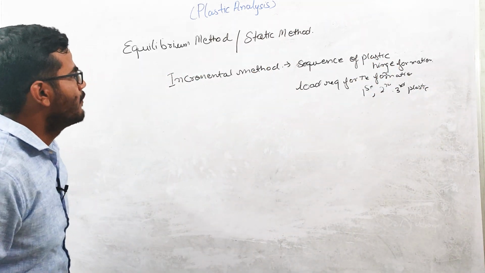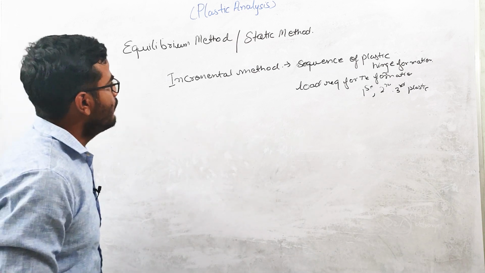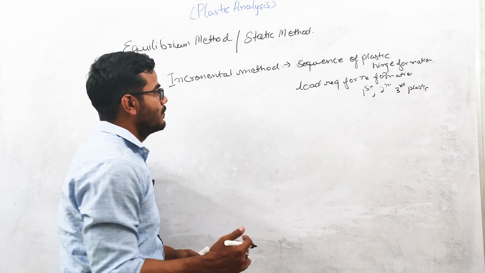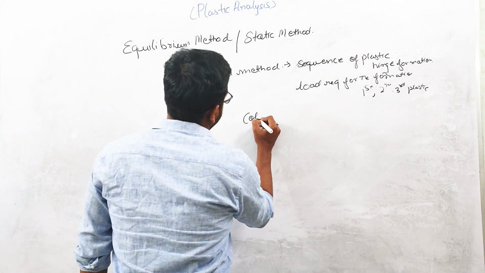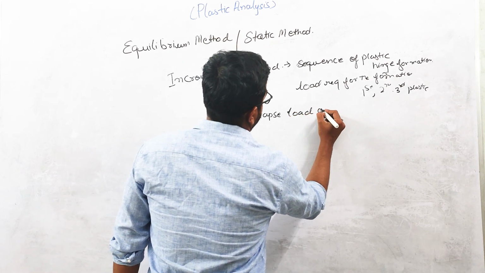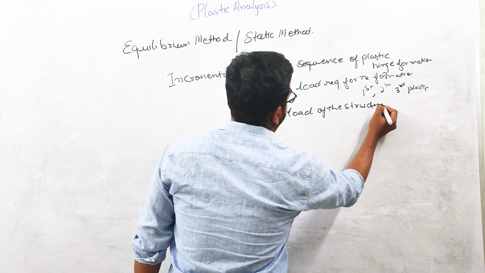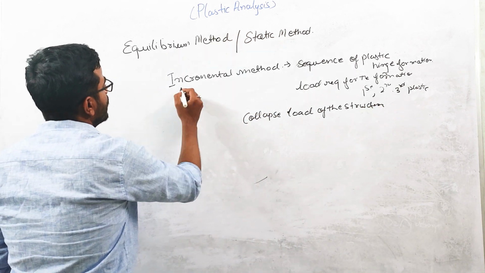Generally we don't require the sequence of hinge formation. We generally want the collapse load of the structure. If you want only the collapse load of the structure, we will not use this method.